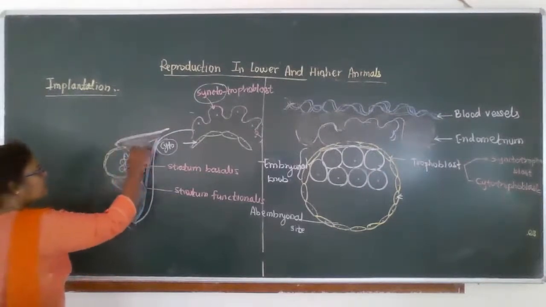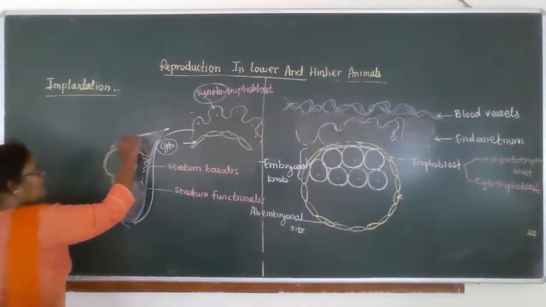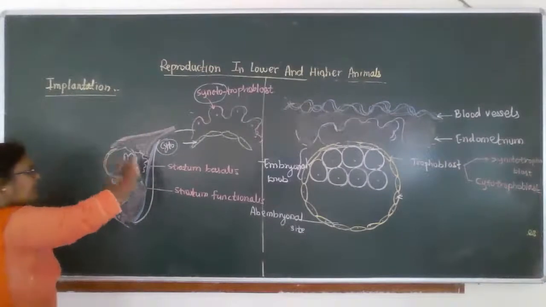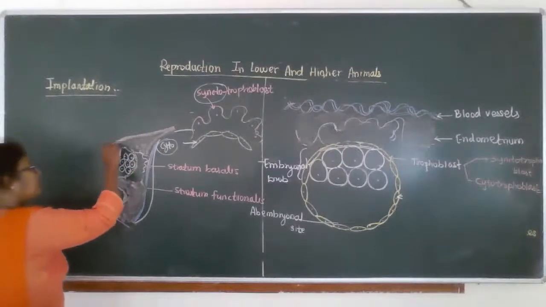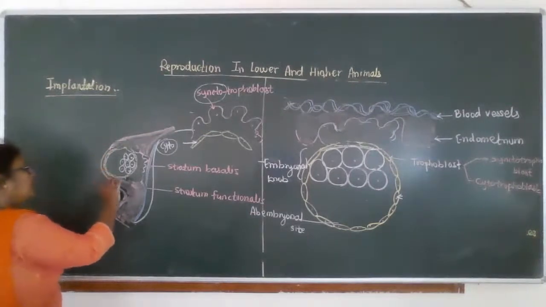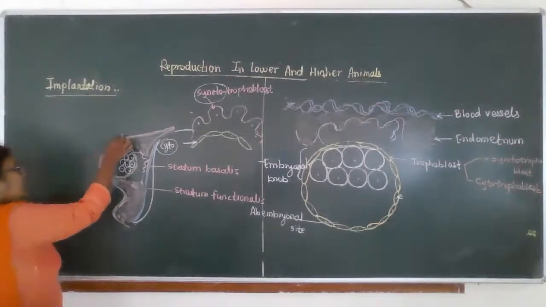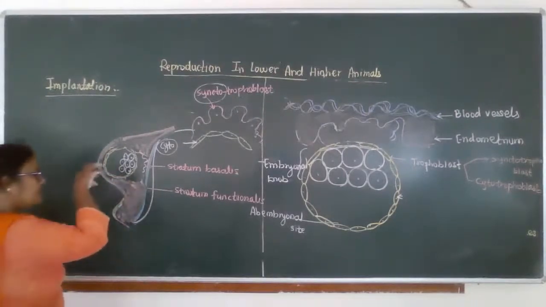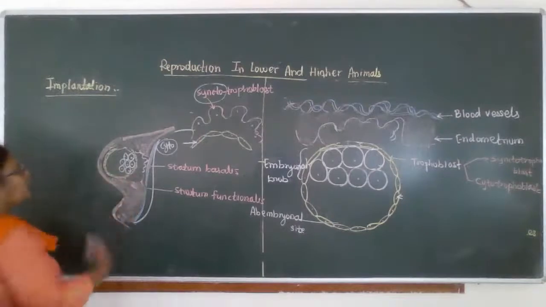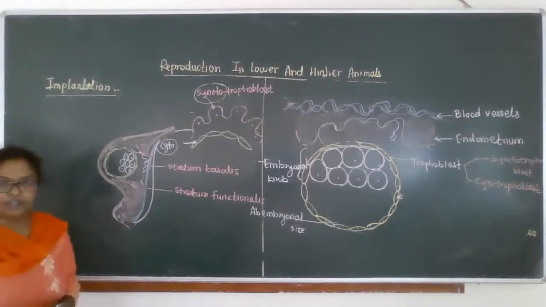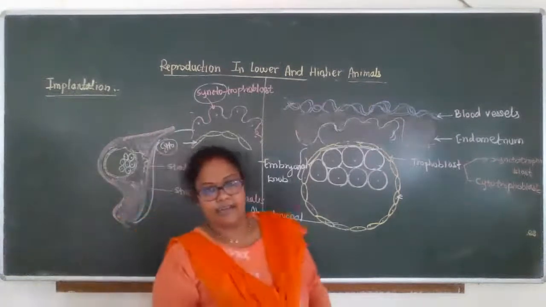They digested it, after that they made a pit, went inside the pit, and afterwards the ruptured endometrium was formed back again. So totally this blastocyst gets embedded or inserted inside the endometrium, and this is now called implantation. Clear, everyone? So it is so easy.